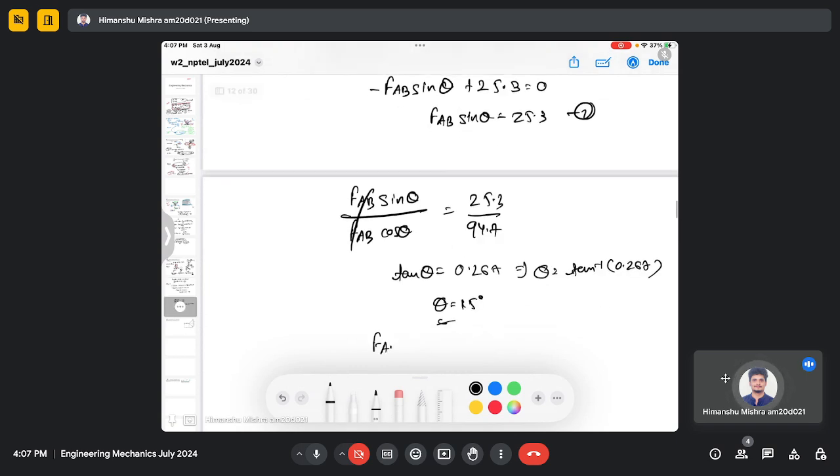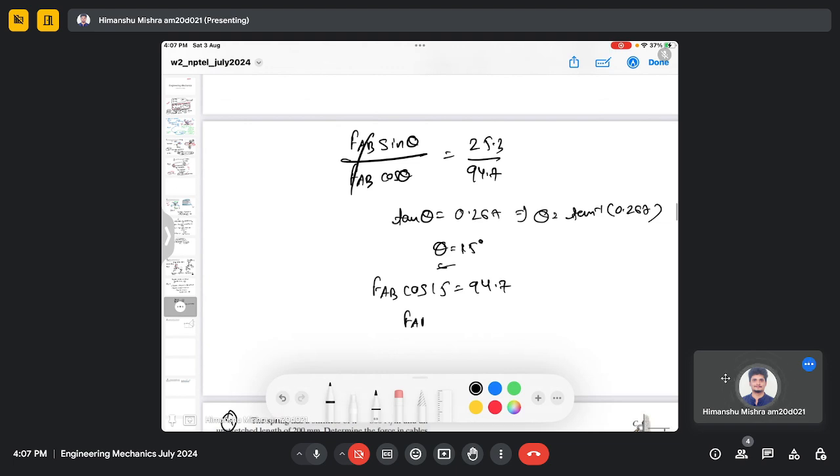So force AB cos 15 equals 94.7, so force AB will be 94.7 divided by cos 15, which is 98.13 Newton. So this is force AB.